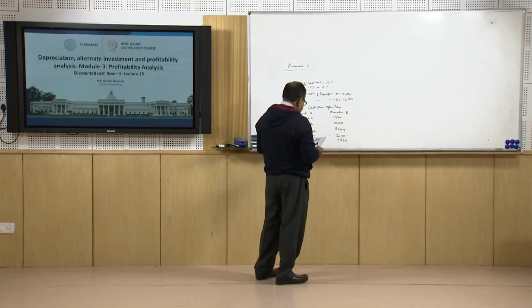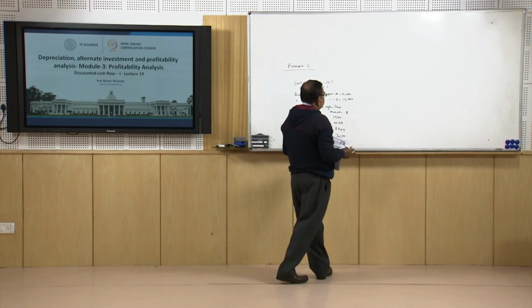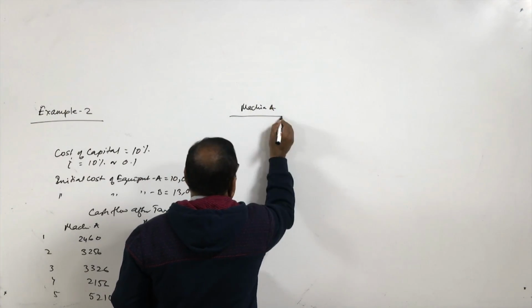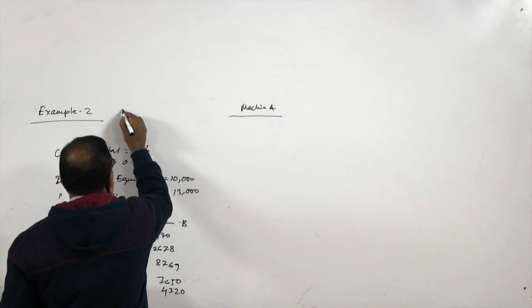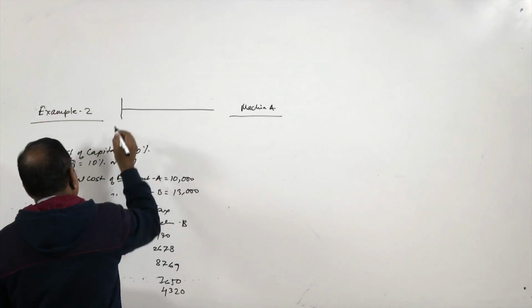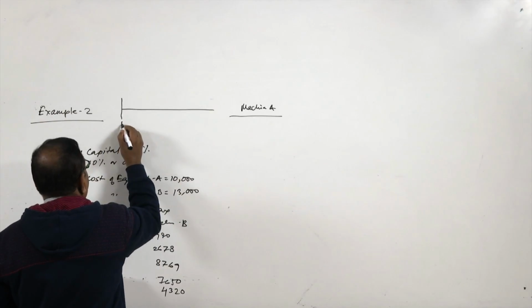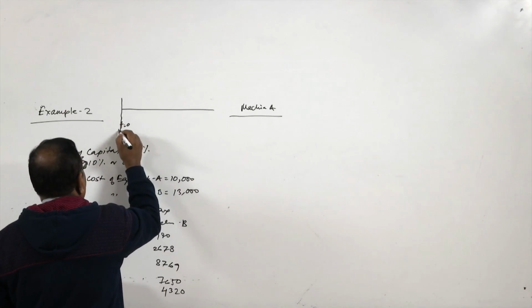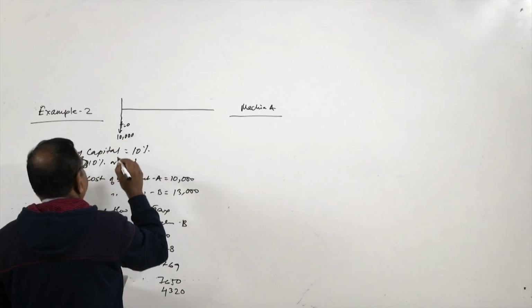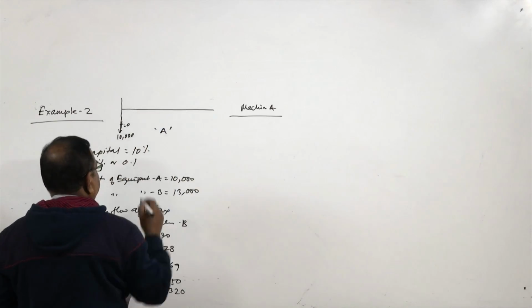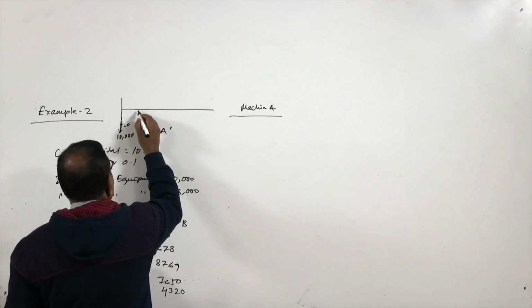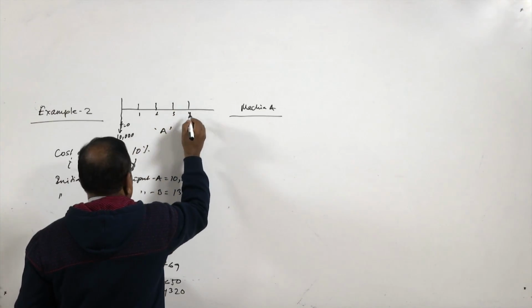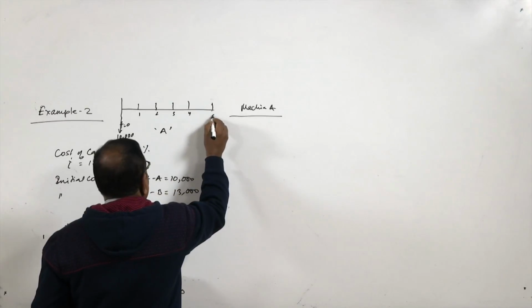Now for machine A, if we take this timeline, at t equal to 0, I am sinking a money of 10,000, and I am receiving money in years 1, 2, 3, 4, 5.